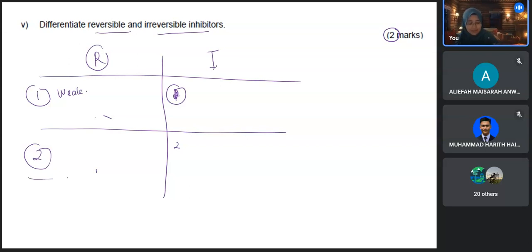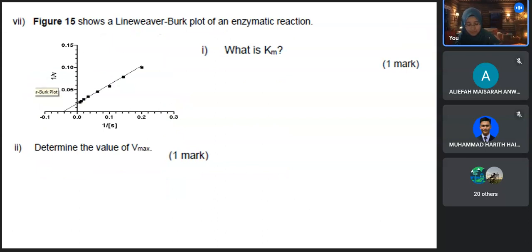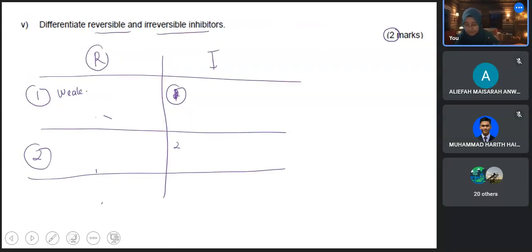Okay. So another point that you can include in your answer. For reversible, enzyme can revert back to its functional structure. Kalau reversible inhibitors tu tercabut ataupun terkeluar, enzyme can function again. So enzyme can revert back to its functional shape, functional state.